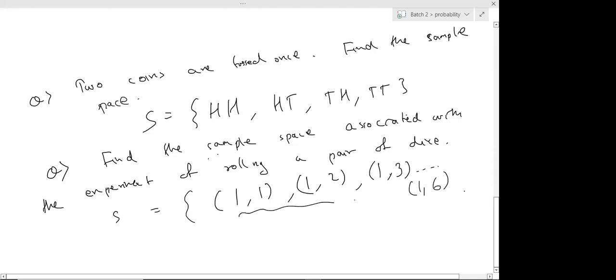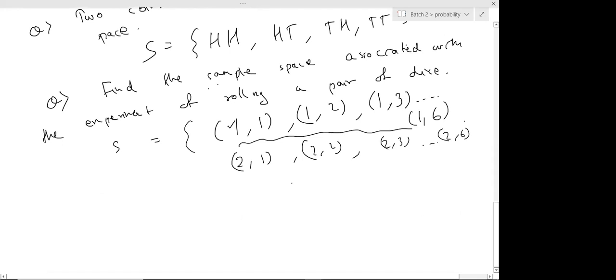So 6 elements for 1 on the first die, same for 2: (2,1), (2,2), (2,3), like that, (2,6), and this will go on for (6,1), (6,2), (6,3), (6,6). Right? These are all the elements.